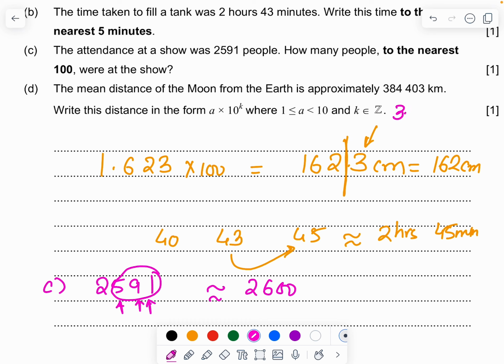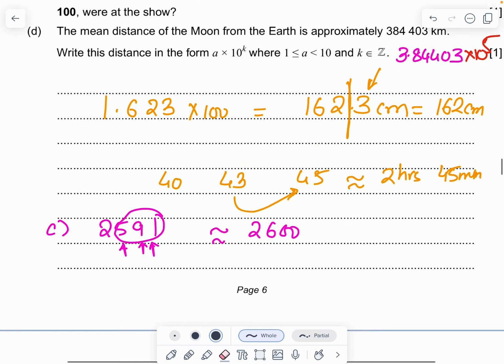So basically it should be 3.84403. How many digits should it go forward to make it, 1, 2, 3, 4, 5. So times 10 power 5. So the answer is 3.84403 times 10 power 5.